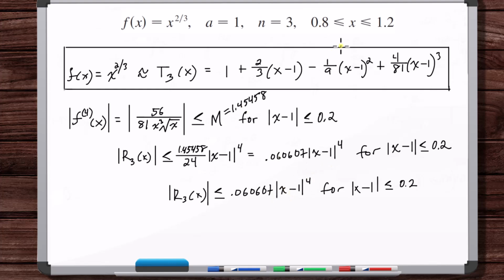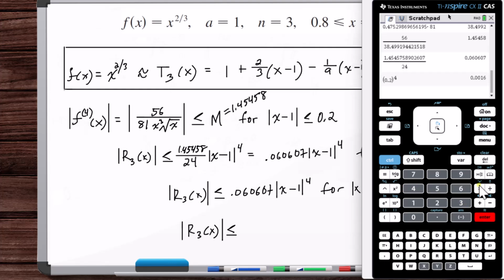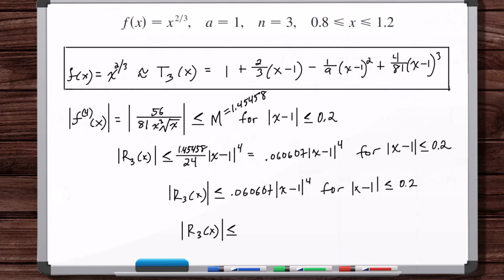You're going to plug in the endpoint. So this is going to be 0.2 to the 4th. So okay, 0.2 to the 4th times this, 0.00097.